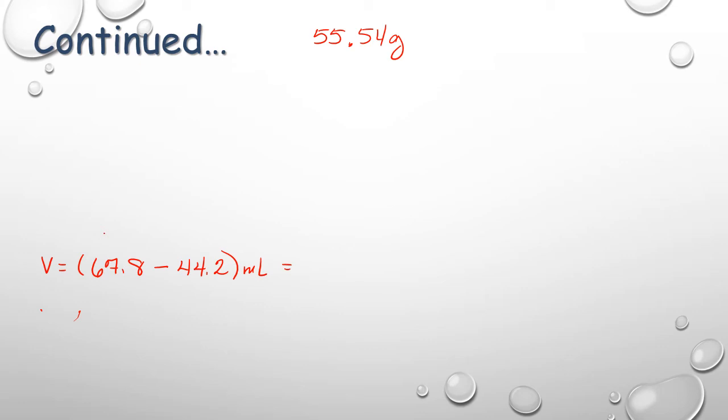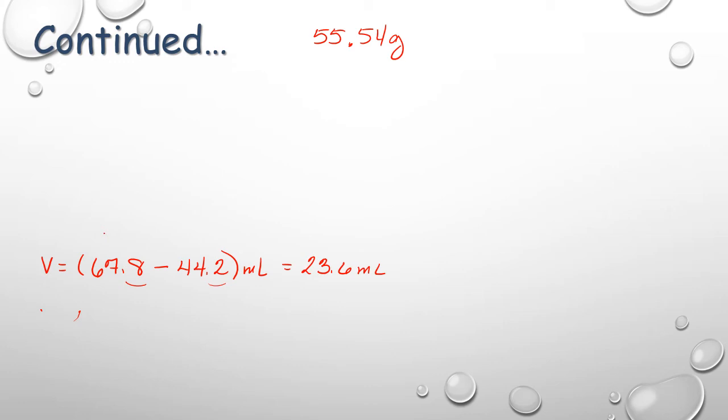That gives us a volume of 23.6 milliliters. Now, got to check your sig figs, and both of these have one decimal place. Since we're subtracting, we look at decimal places, and we're good to go.